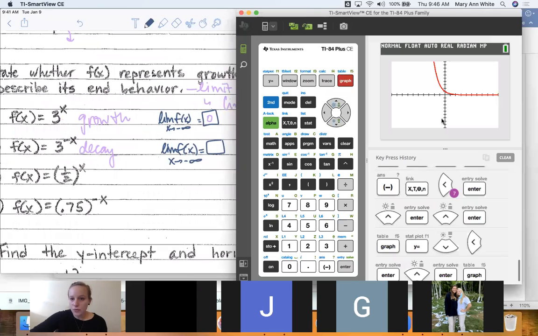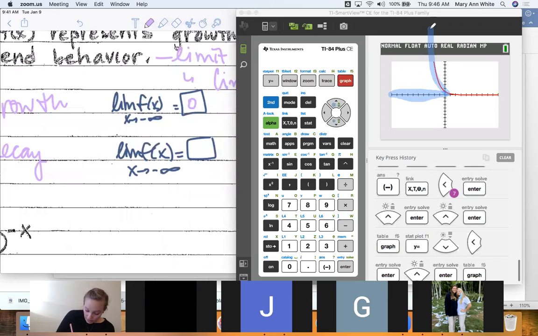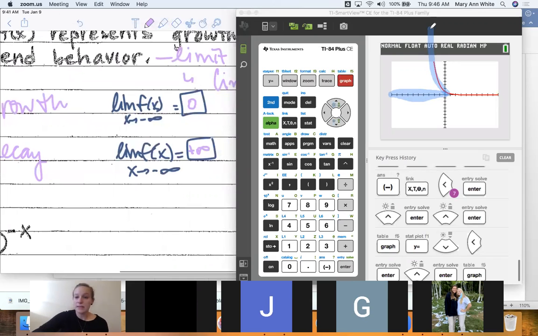Again, I'm using my little draw tool. So as x is smaller and smaller, so these are my negative values, y is getting bigger and bigger and bigger. It's increasing. So we're going to say that my limit of my function as x approaches negative infinity is positive infinity, because I'm going to all the positive y's over here.